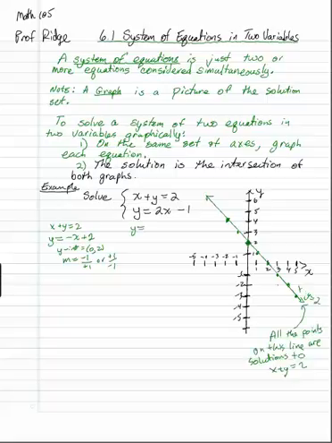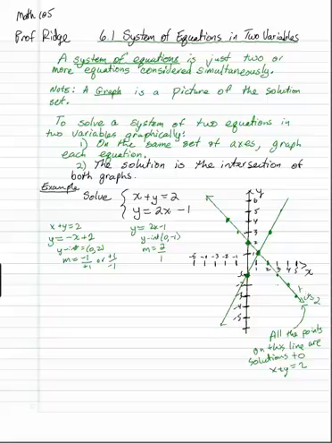Alright, now let's graph y equals 2x minus 1, where the y-intercept is (0, negative 1) and the slope is positive 2 over positive 1. So we start at negative 1, up 2 and right 1, you see they intersect there, up 2 and right 1, up 2 and right 1, and draw the line through it.